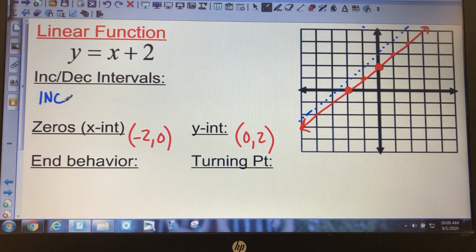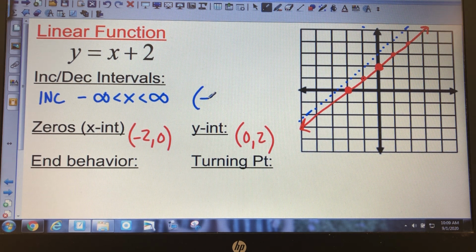Now, think of your domain. Remember, the domain here is all reals. So we're increasing from -infinity, less than x, to +infinity. So that's one way to represent this. The other way is your interval notation, kind of start and stop. So there's 2 different ways to represent increasing, in this case, the increasing interval.